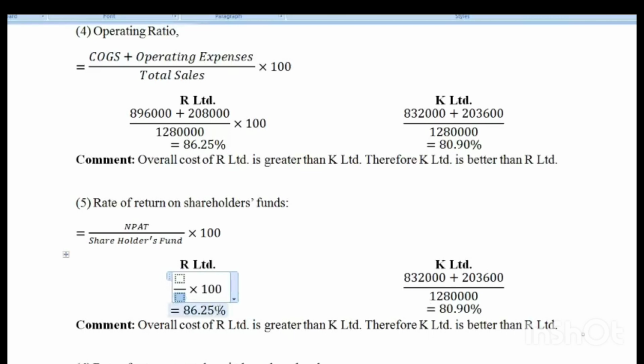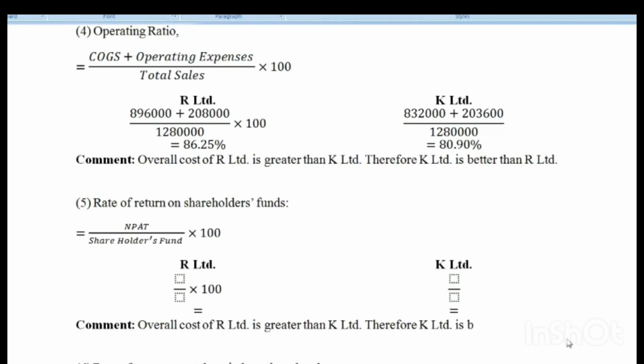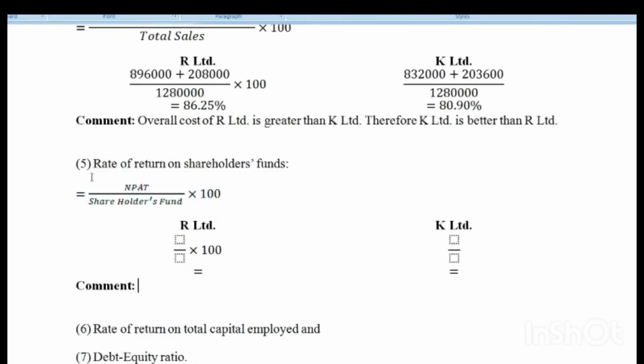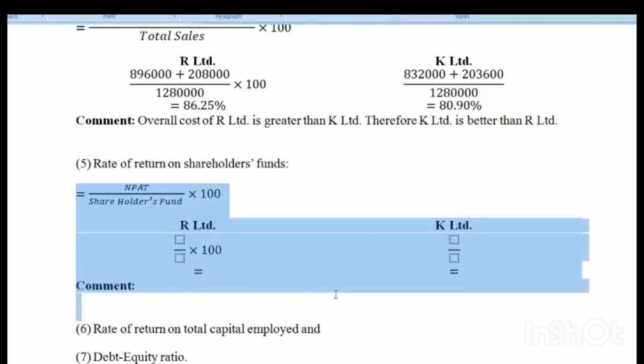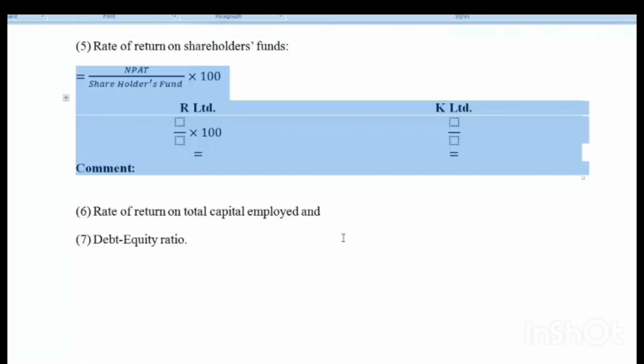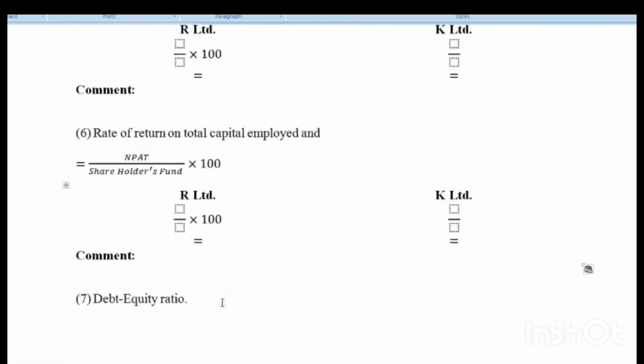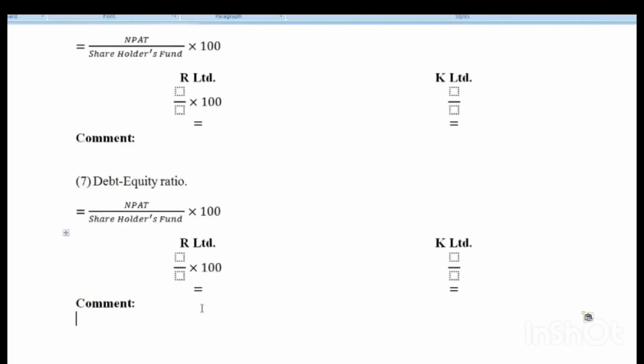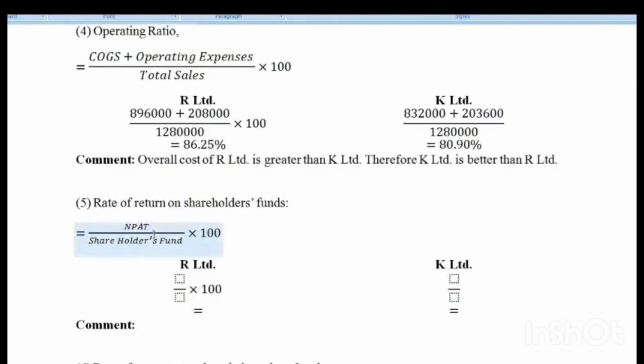Let's quickly work out the figures. What is net profit after tax in case of R Limited?